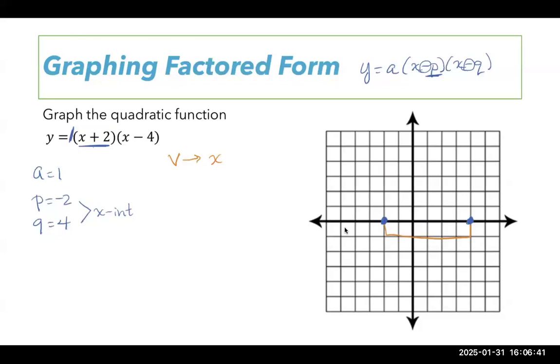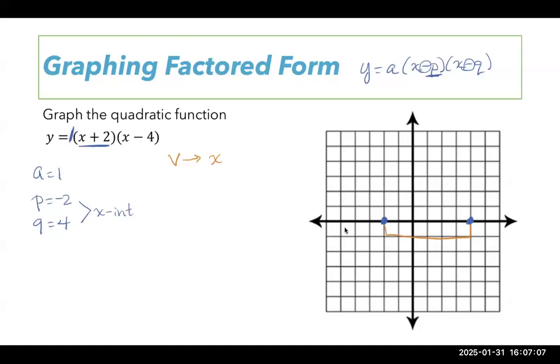Again, because our axis of symmetry has to go through the vertex, and our parabola will have symmetry across the axis of symmetry. So that line has to be halfway between the two x-intercepts. And the x value that that line is on will become the x value of our vertex.